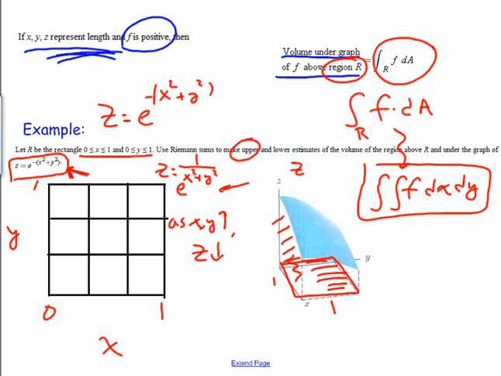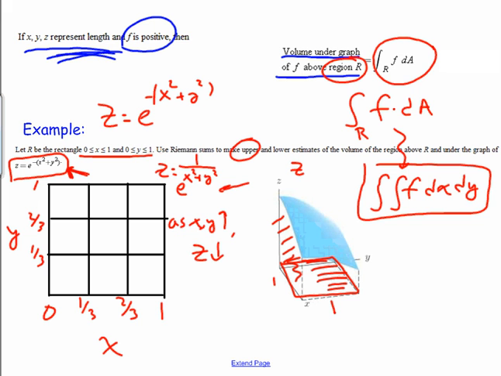So if I were to think about doing an upper estimation of this volume using 9 boxes as such, we would split up my values in thirds.